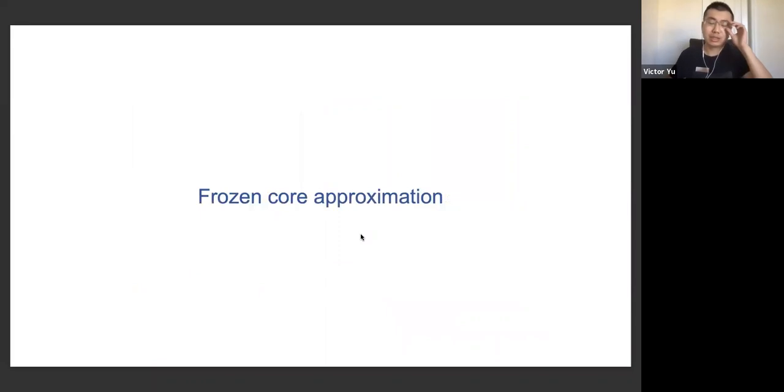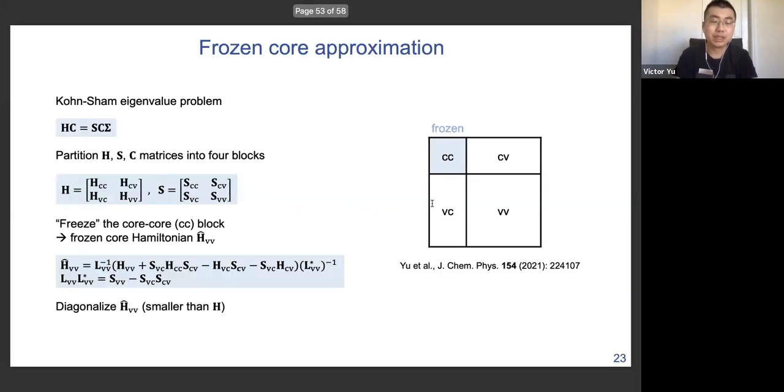Next, I'm going to briefly introduce the frozen core approximation in FHI-aims, which is going to speed up simulations for heavy elements. The idea is quite simple, similar to what the pseudopotential community is doing.